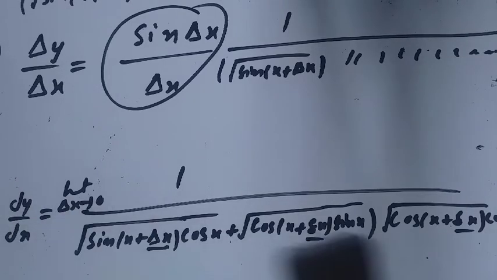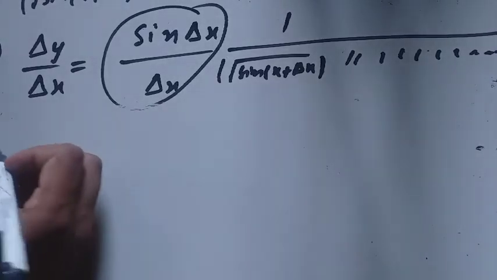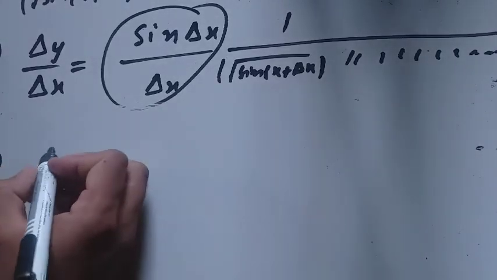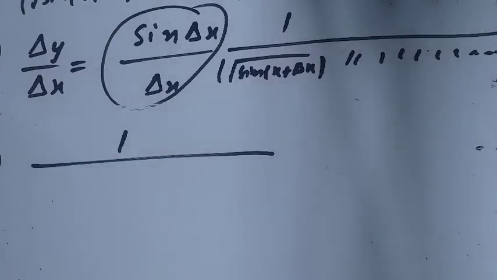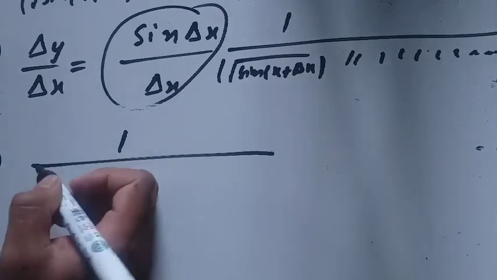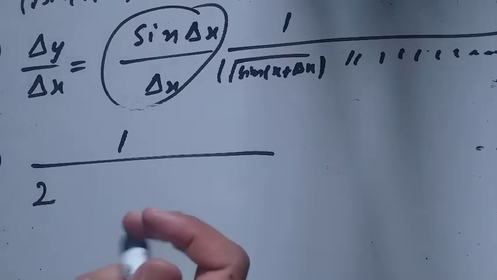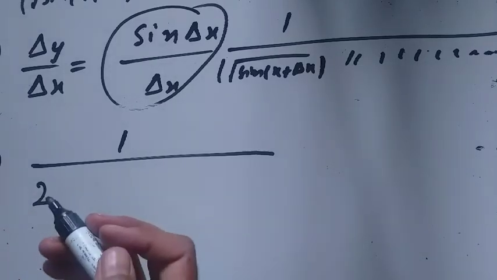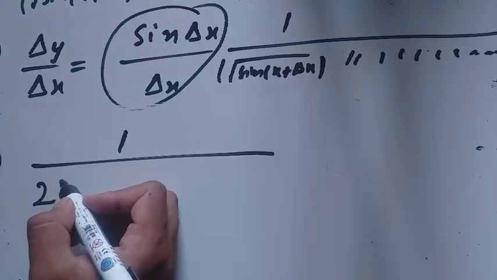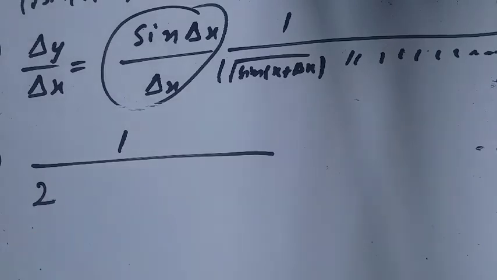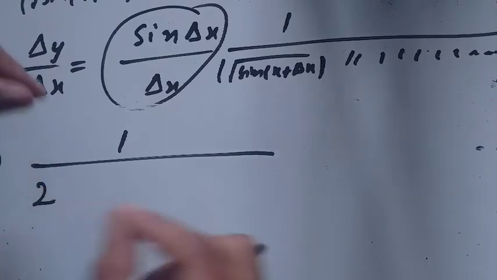I can rewrite this equation in this way. Let me rub here. This becomes 1 divided by twice, because when I add these two in the previous step, this becomes our twice, because delta x, when we approach to 0, this will cancel out and both these two under roots get added up.